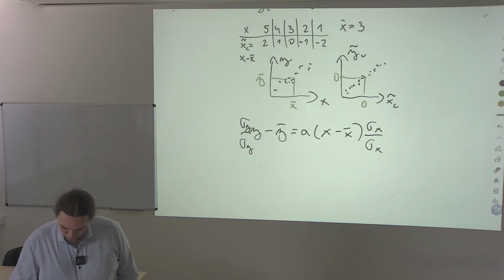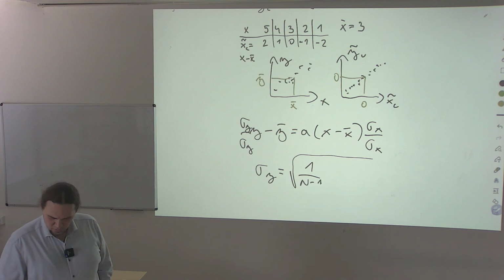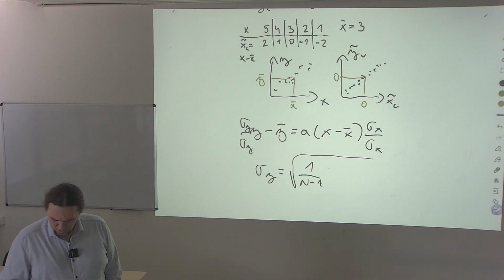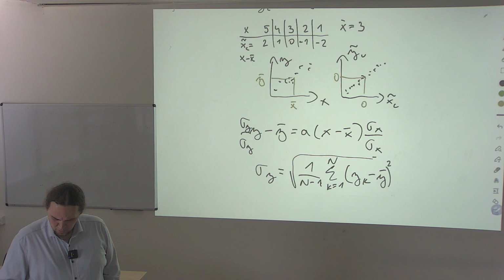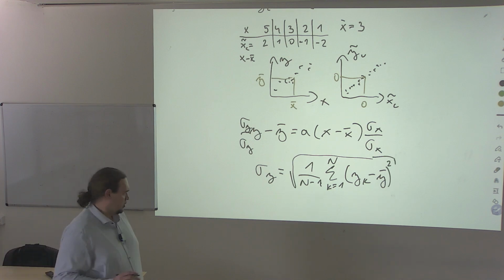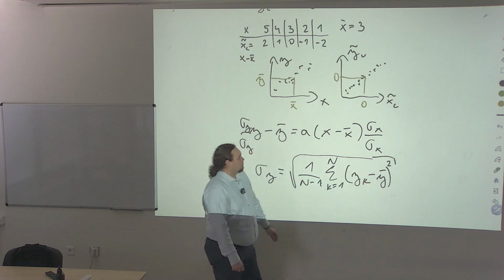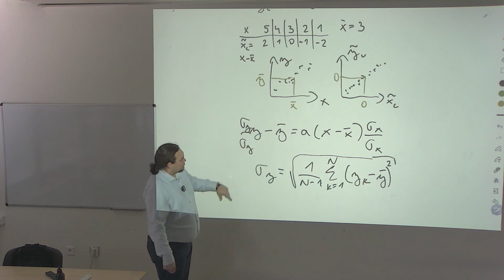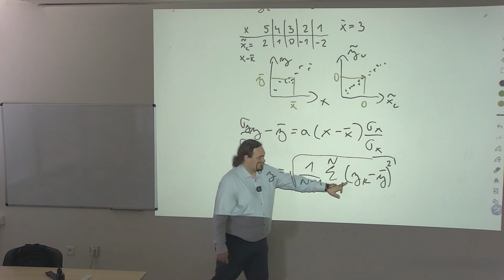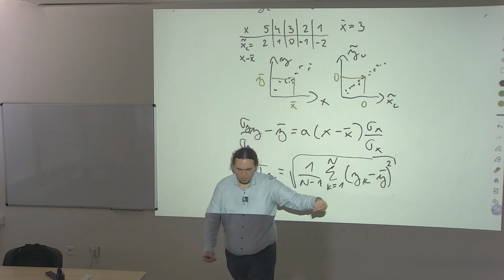The standard deviation of y would be the square root of 1 divided by n minus 1, yeah, that was the Bessel correction, times the sum of y_k minus y bar, squared. Same for x, just replace with the x's. So it shows how far the values of y are spreading from their mean.